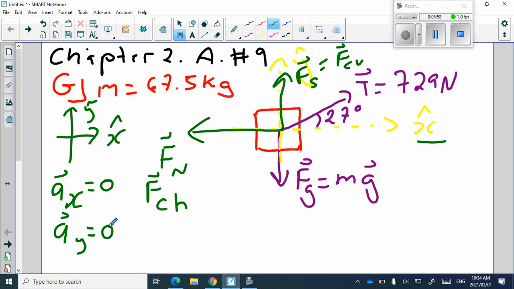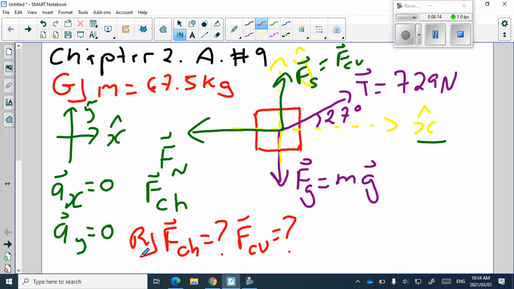And they want us to find these forces. Well, analysis. Kids, it's a dynamics problem.